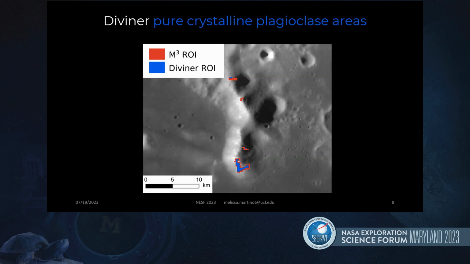So we redrew the locations that I showed you. The red locations are associated with the presence of pure crystalline plagioclase spectra, and in blue are the corresponding Diviner regions of interest. It's a little bit smaller.